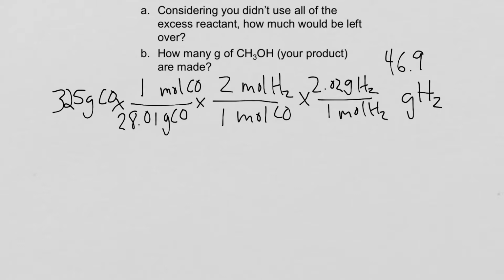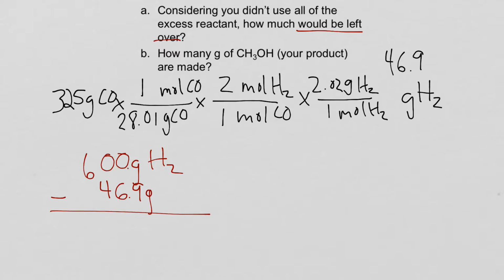But that's not the question. The question, careful reading, would see how much would be left over. So I started off with 600 grams of H2, again decimal, minus my 46.9 grams. That's a G, by the way. So my common decimal place would be to the ones place.